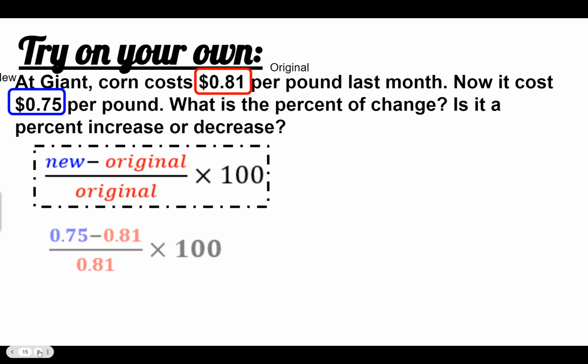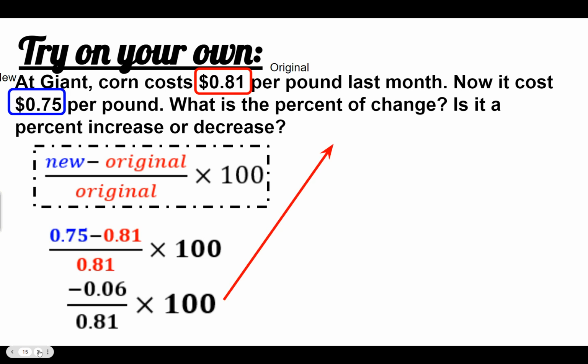So 75 cents minus 81 cents all over 81 cents times 100. We'll start with our subtraction, just doing it in our calculator. 75 cents minus 81 cents gives me negative 0.06. We're going to divide that by 0.81, again in our calculator, and we get negative 0.074. Just cut it off after 3 numbers.